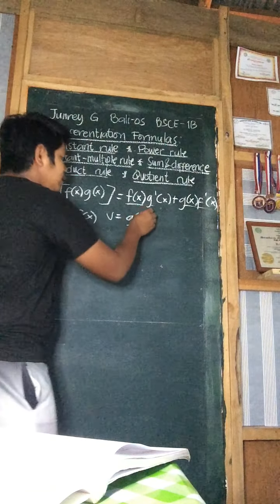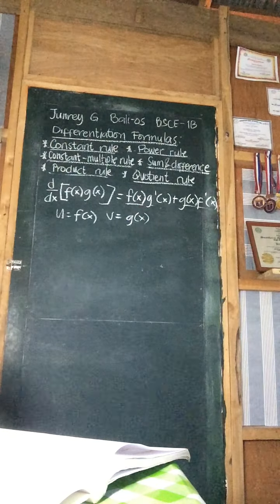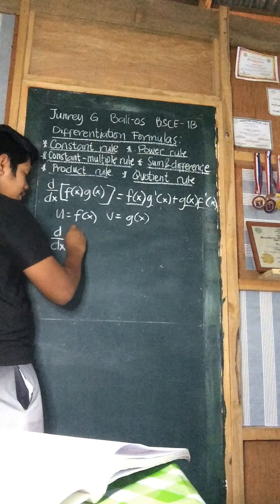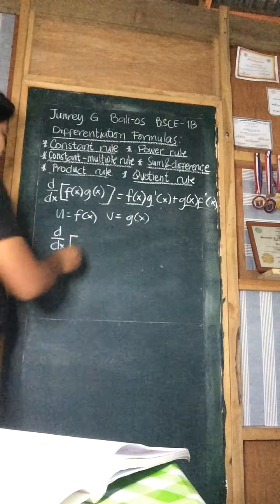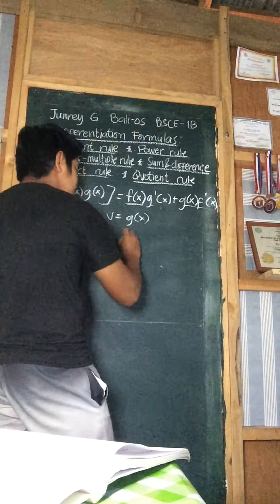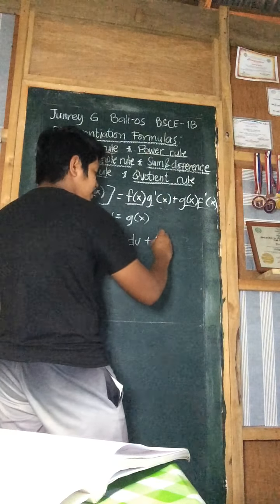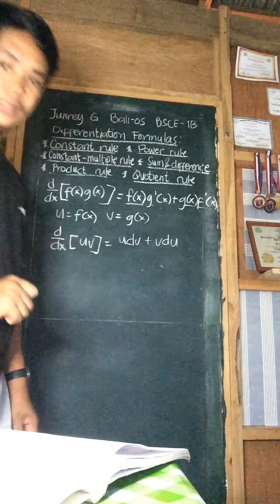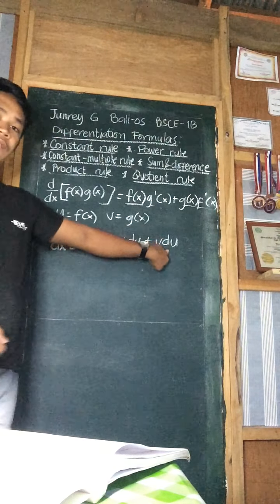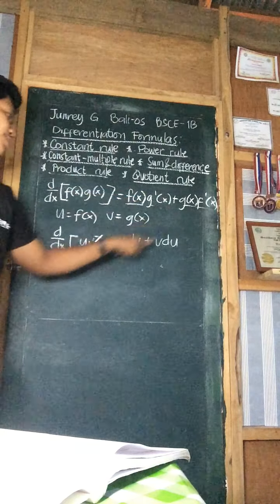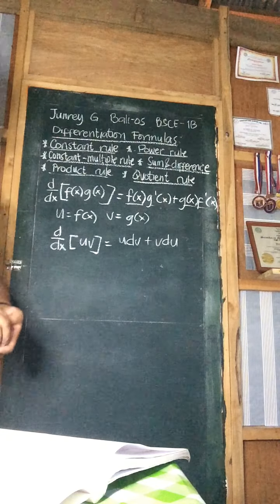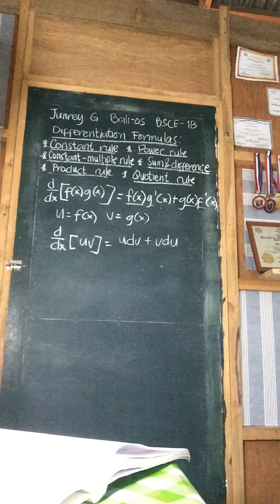Then the easiest formula of the product rule is d over dx, or the derivative of u times v, is equal to u dv plus v du. U times the derivative of v, and v times the derivative of u, just like this one.